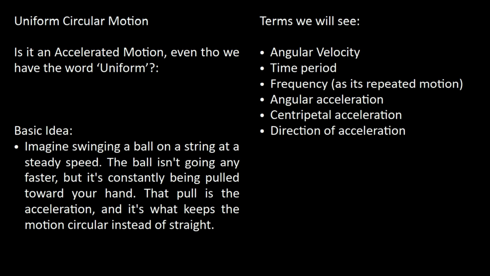So a quick question to you guys. Is it an accelerated motion? We have the word uniform circular motion. So my question to you guys is, when I have the word uniform, right? This is circular motion. Since we have the word uniform, is it still an accelerated motion?